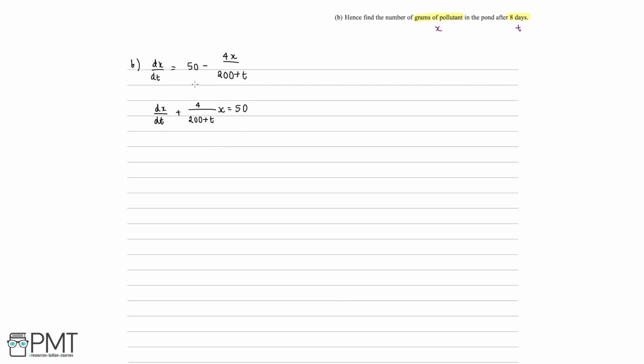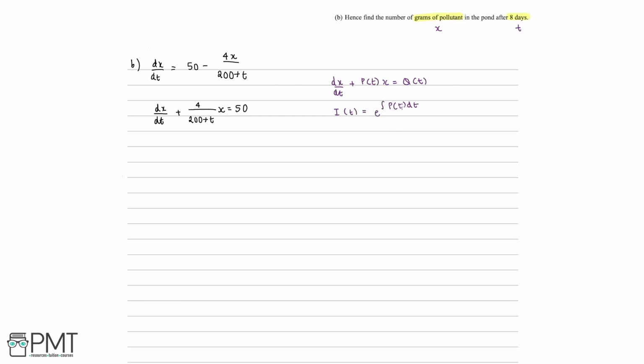Well, in order to solve a differential equation, in order to get something in terms of x, we need to use the integrating factor. So for any differential equation in the form dx by dt plus p(t) multiplied by x is equal to q(t), the integrating factor is e to the power of the integral of p(t) with respect to t.